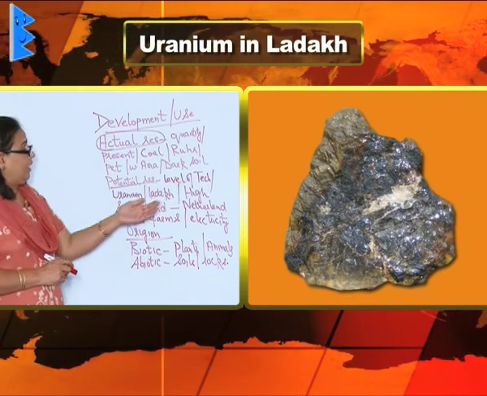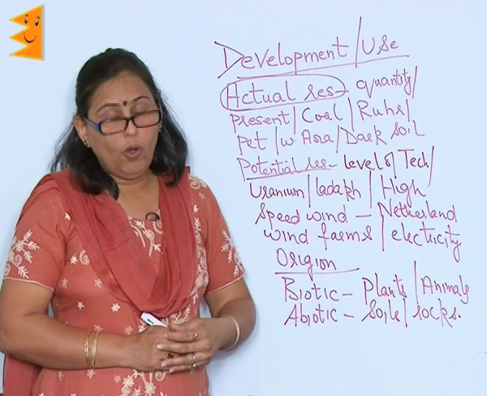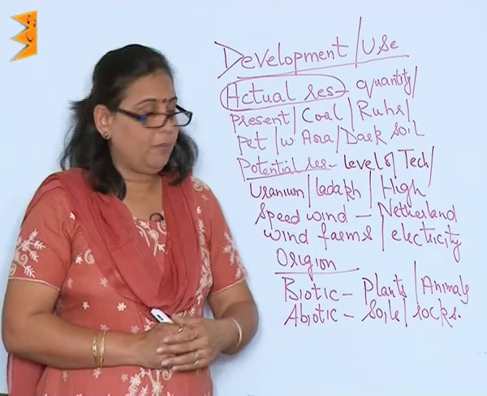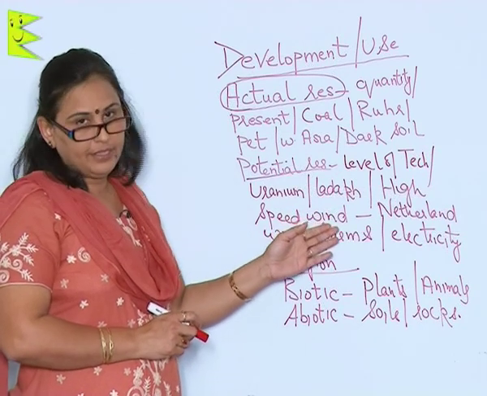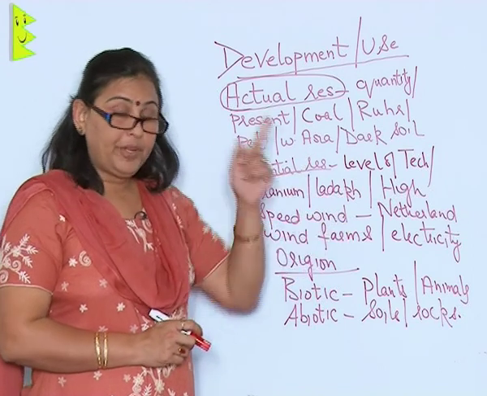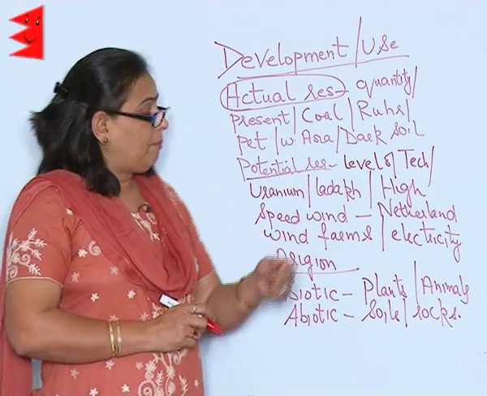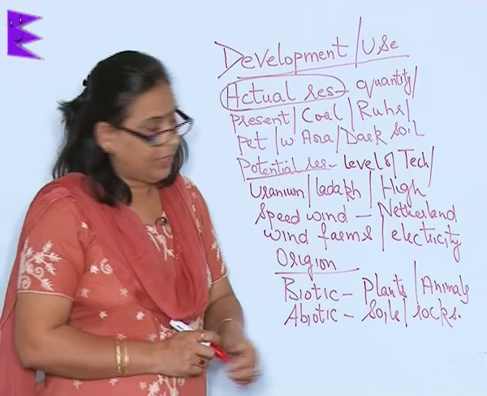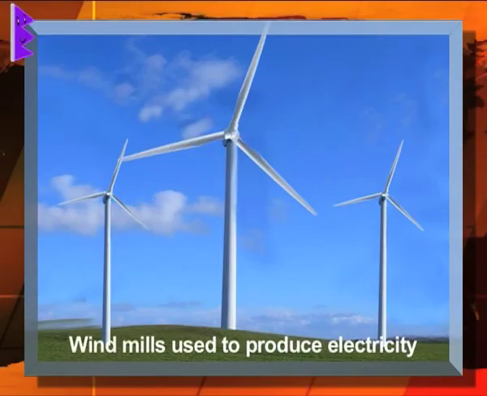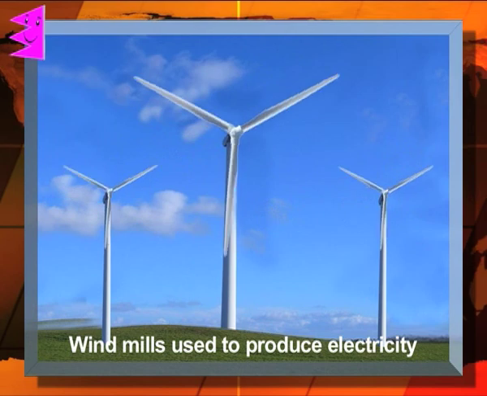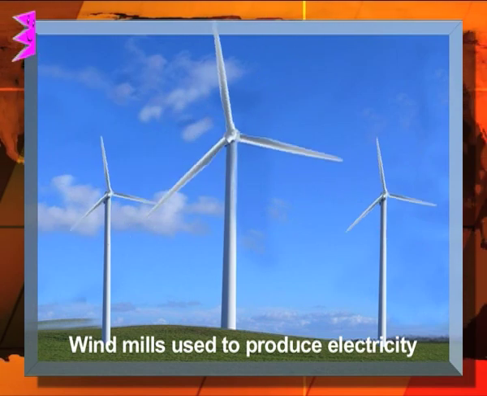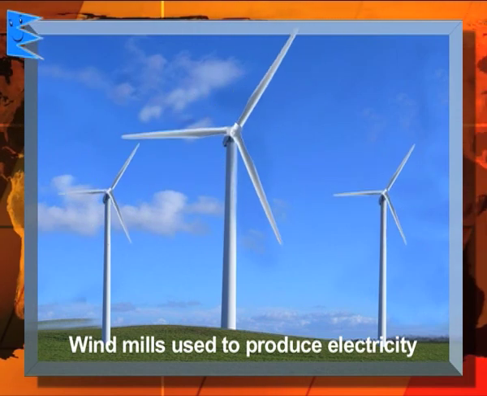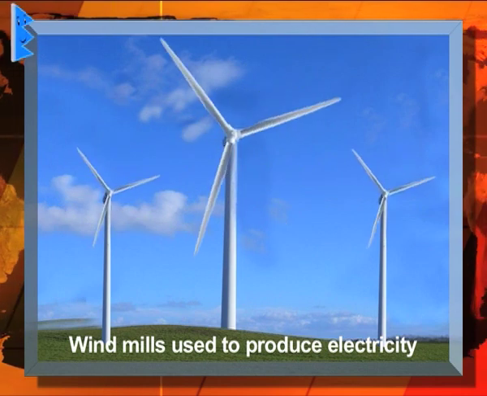Well, a few years ago, or rather 200 years ago, high speed winds were a potential resource. But today they have become an actual resource, because now these high speed winds are used in the Netherlands in wind farms to produce electricity.